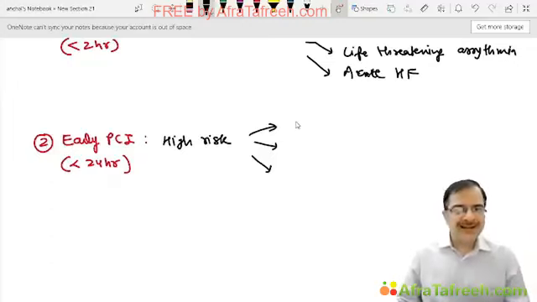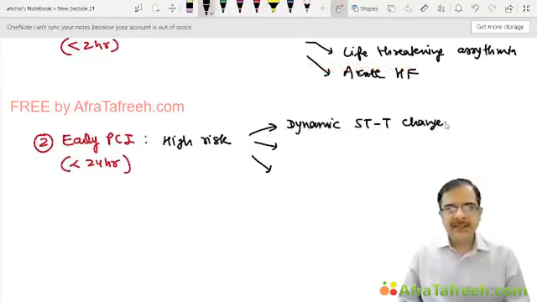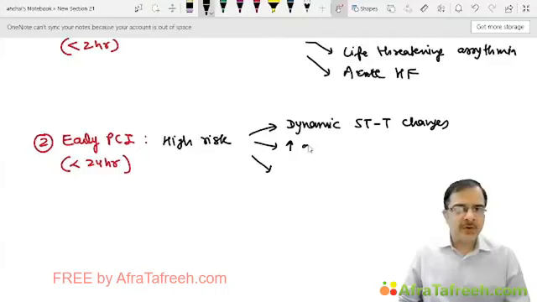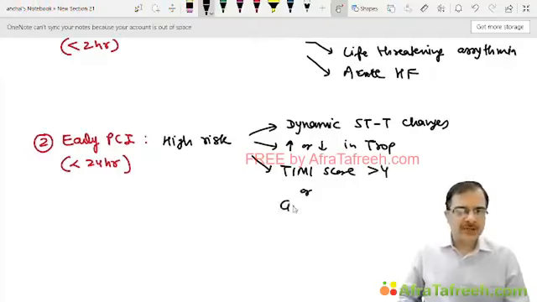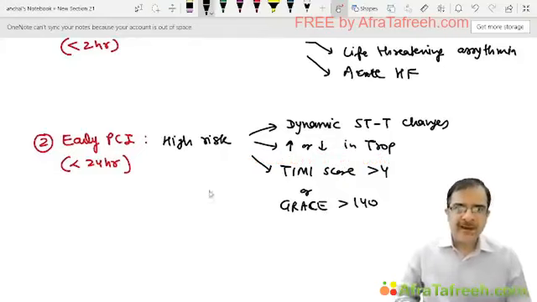These high risk patients have dynamic ST changes, meaning the changes are continuously happening, as well as a rise or fall in troponin levels, or a TIMI score, which is for acute prognosis, of more than 4, or a GRACE score of more than 140.